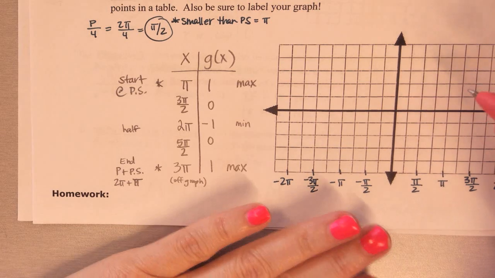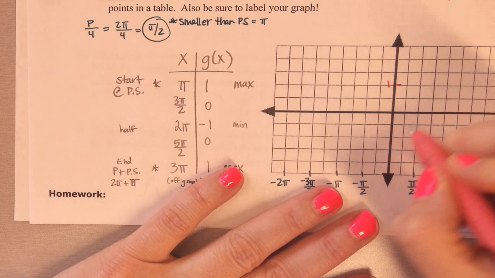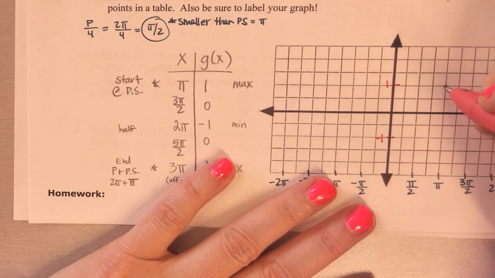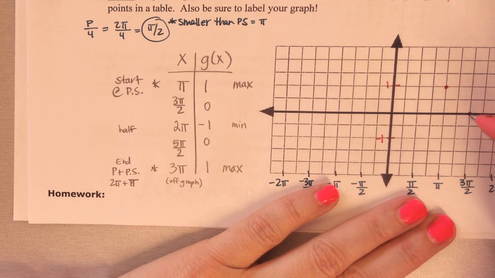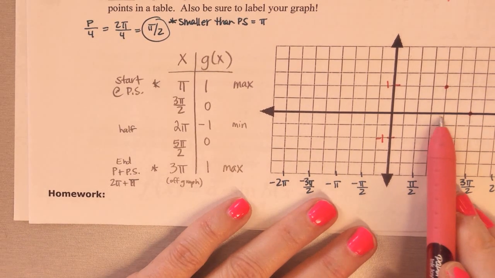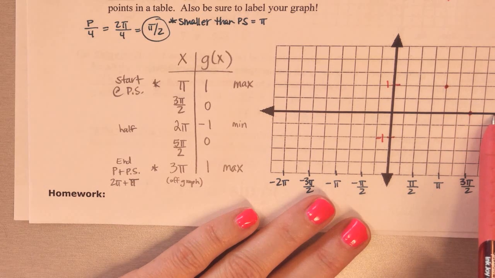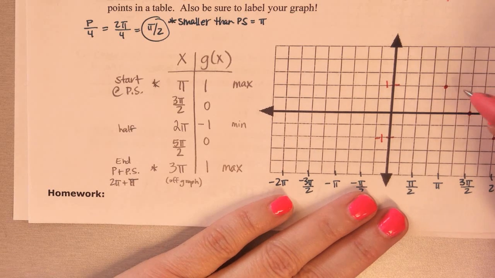Alright, so let's talk about where we're going to put our points. So at pi, I'm at 1. I'm going to make this my 1. So at pi, I'm at 1. At 3 pi over 2, I'm at 0. So do you see how I can see I'm going 2 units to 0? That means I should be going 2 units and then hit my minimum. And then I would be going 2 units and I'd hit 0 again.